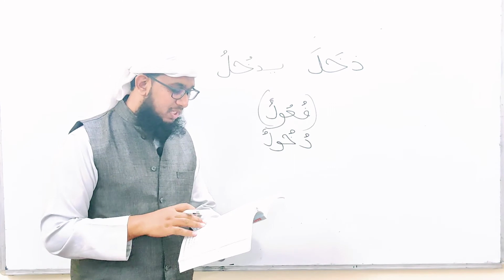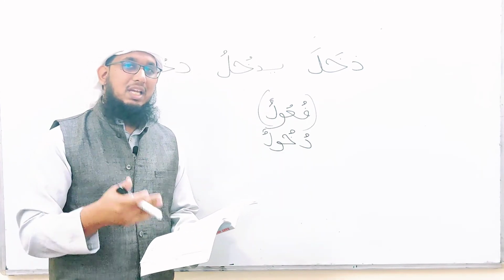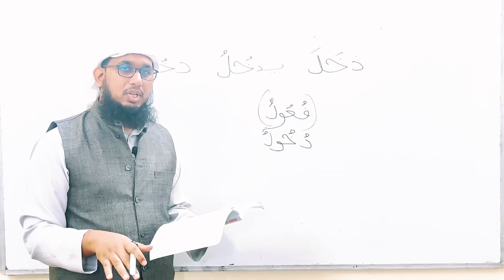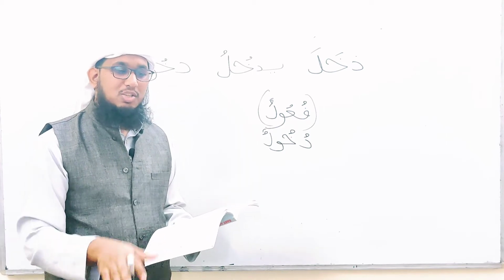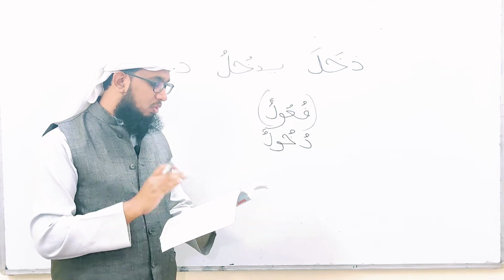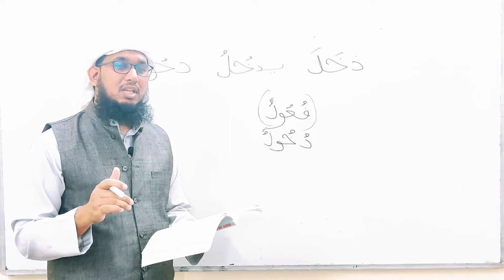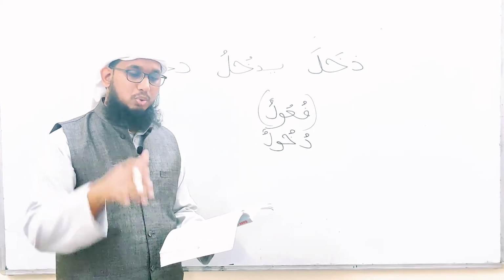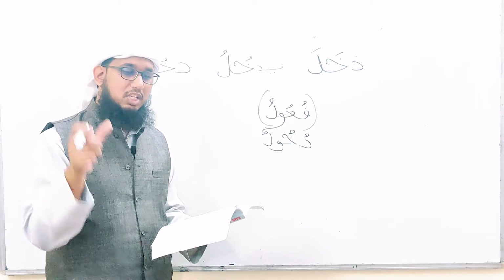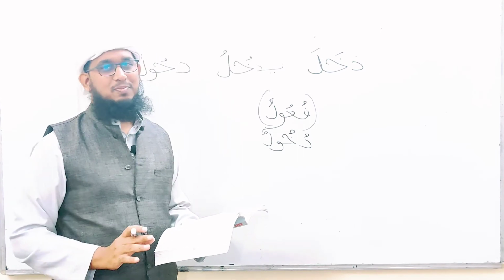Likewise, jalasa yajlisu julusun, raka'a yarka'u ruku'un. Raka'a means to bow. And we say ruku', sujud, these are the masdar. Likewise, nazala yanzilu. Nazala means to descend. Nazala, he descended. Yanzilu, he is descending. Nuzulun, to descend.